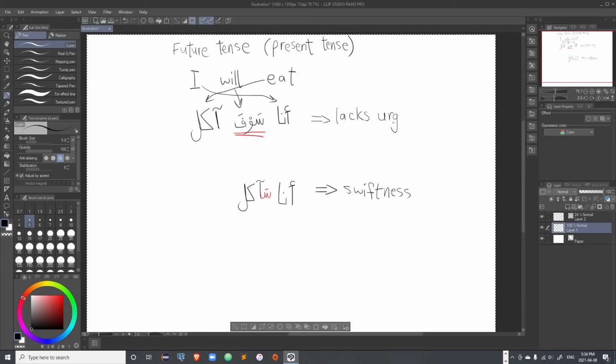There are other variations for future tense, but as I said, for this beginner's level, we will keep it to these variations.